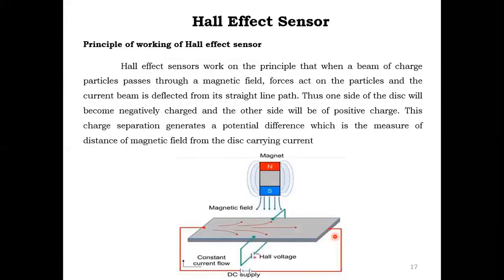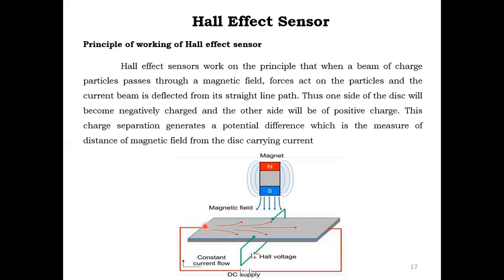Then Hall effect sensor. The Hall effect sensor works on the principle that when a beam of charged particles passes through a magnetic field, a force acts on the particles and the beam will deflect from its straight line path. This is a simple concept. When we bring a magnet near a current carrying material, the flow of electrons will be changed due to the magnetic field.